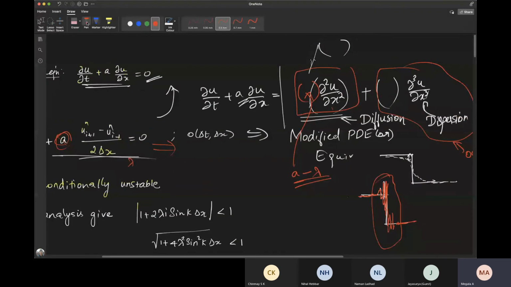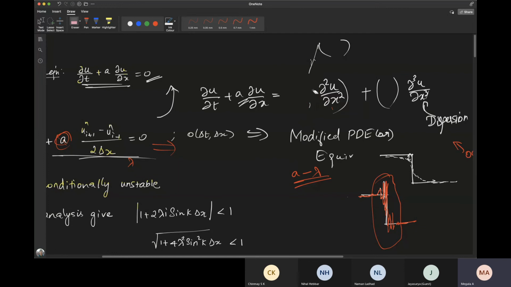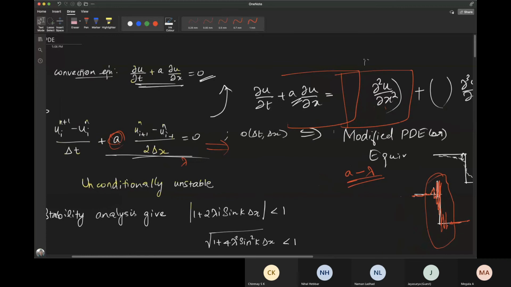So you can see that if you do this modified PDE analysis, how to control your diffusion comes from looking at these terms in the modified PDE. These terms will help you have a grip over diffusion actually.